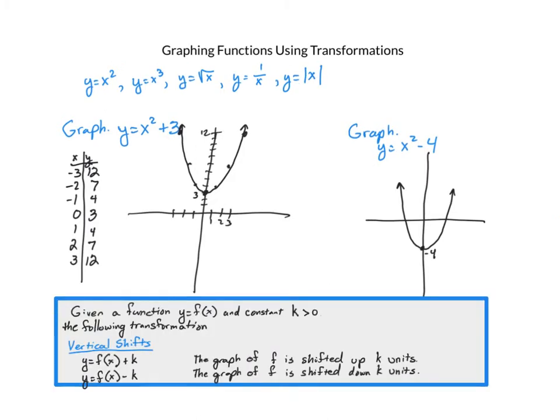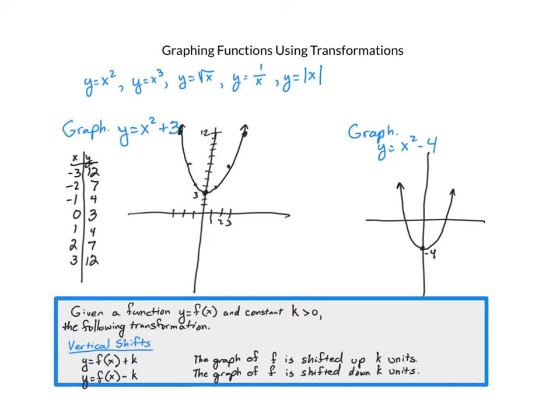Given a function y equals f of x and a constant k that is greater than 0, we have the following transformation. y equals f of x plus k shifts the function up k units, and y equals f of x minus k shifts the graph down k units. And notice it didn't say anything about it being y equals x squared.